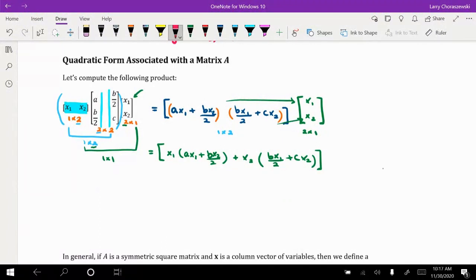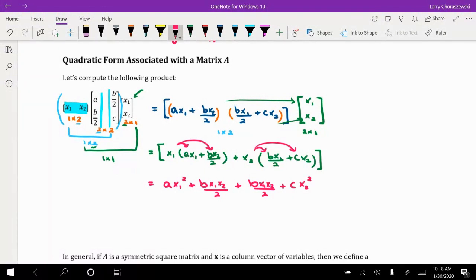Ready? Here we go. So I'll distribute x sub 1, clear those parentheses. That's going to give us a x sub 1 squared plus, and I'm going to write it this way, b x sub 1 x sub 2 all over 2 plus, and clear parentheses by distributing the x sub 2. So we'll have b, and I'll write that as x sub 1 x sub 2 all over 2 plus c times x sub 2 squared.